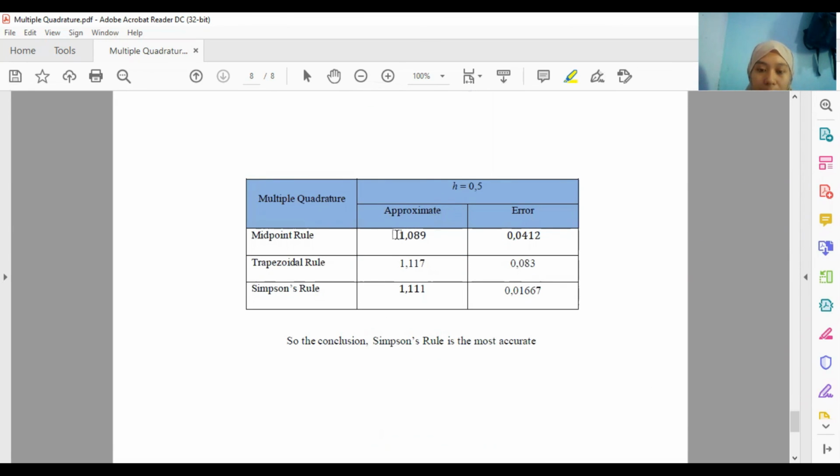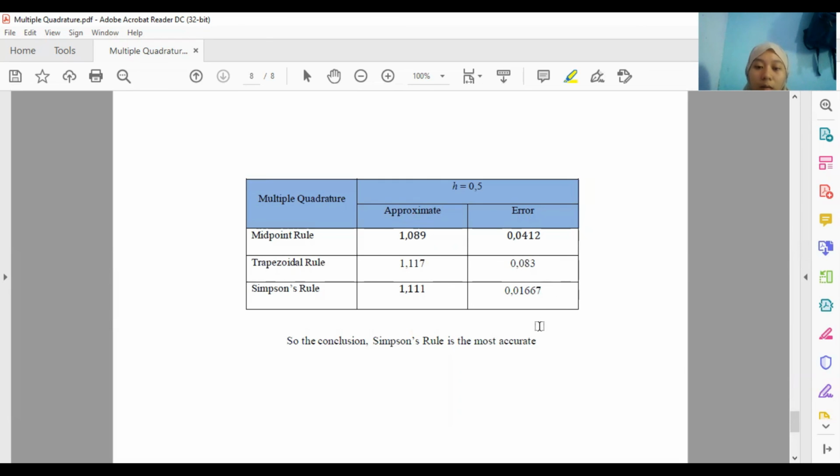Approximate is 1.089 and the error is 0.0412, and trapezoidal rule approximate is 1.117 and the error 0.083, and Simpson rule approximate is 1.111 and the error 0.01667.